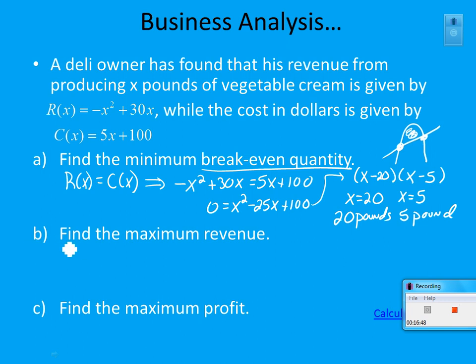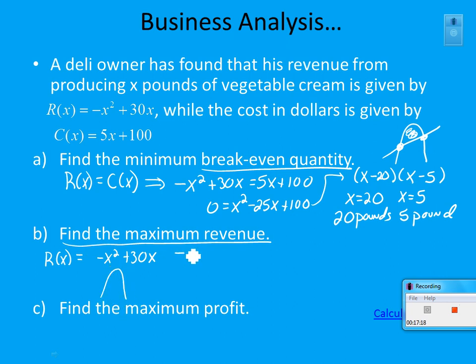Now it says find the maximum revenue. So the only thing that you want to work with is the revenue equation, which is negative x squared plus 30x. We want to maximize it. How do we know it's going to be a maximum? This is a parabola opening down.